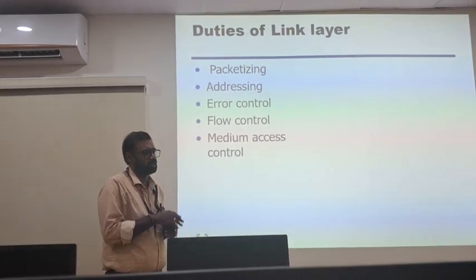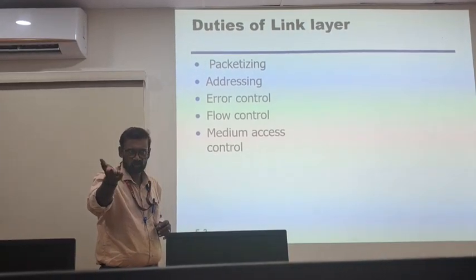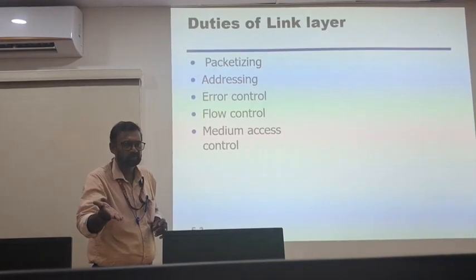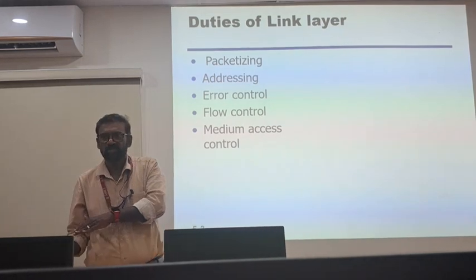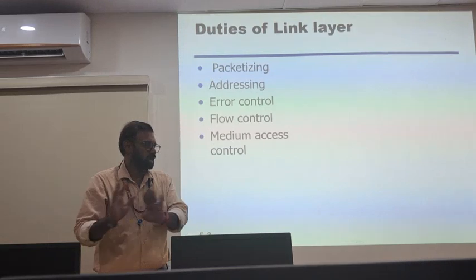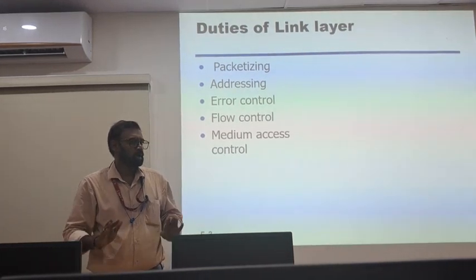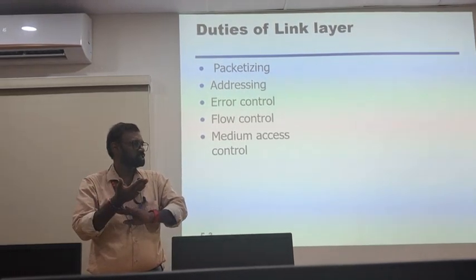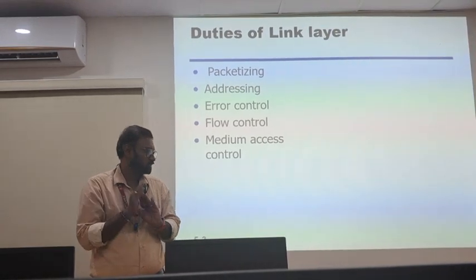called the link layer. Why is it called the link layer? Because except for the physical layer, which only deals with electrical and mechanical specifications, right? Afterwards, the electrical signals are converted into binary signals.